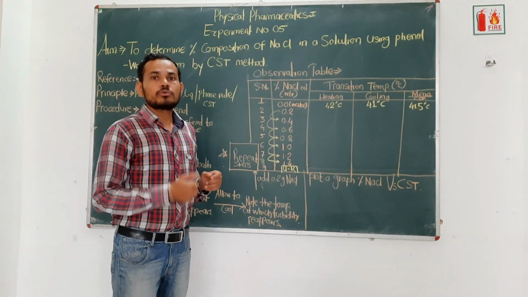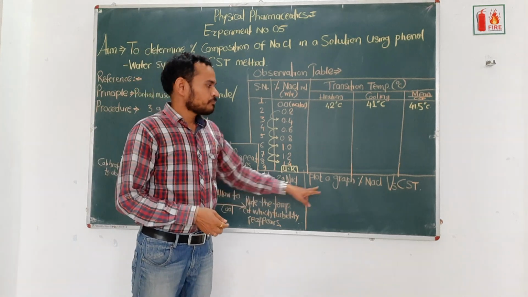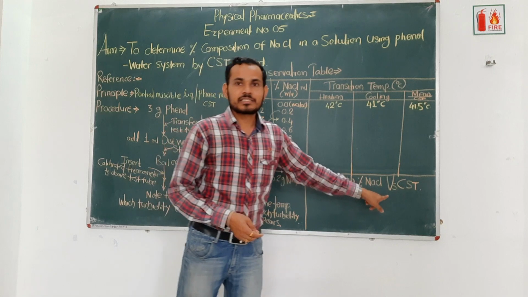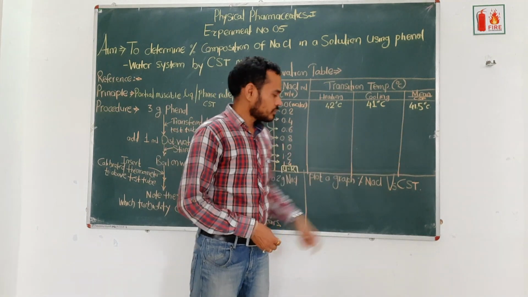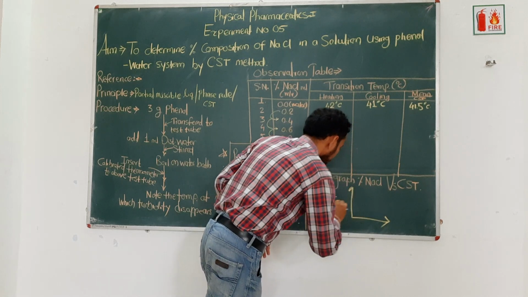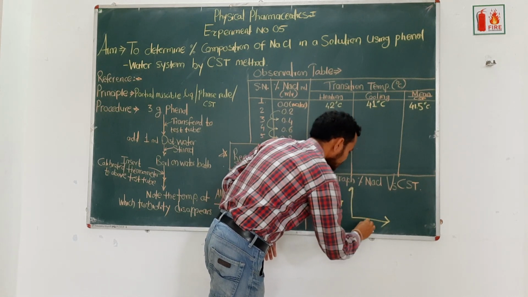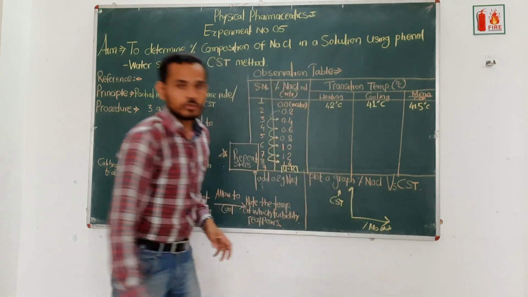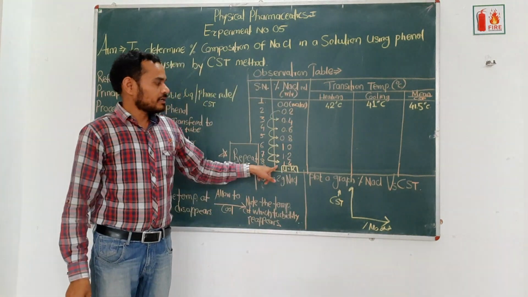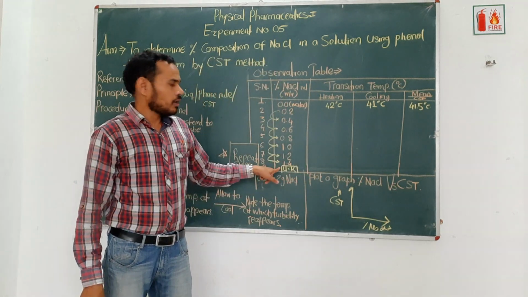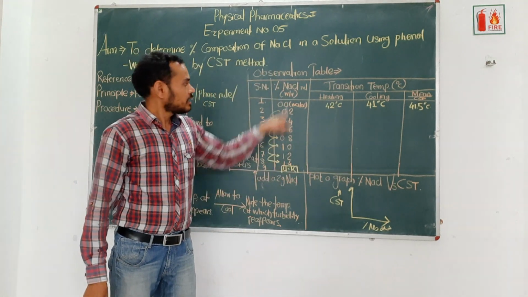Later on, we have to plot a graph of percentage NaCl versus critical solution temperature. Okay, and from that one can find out the concentration of unknown NaCl in the given mixture.